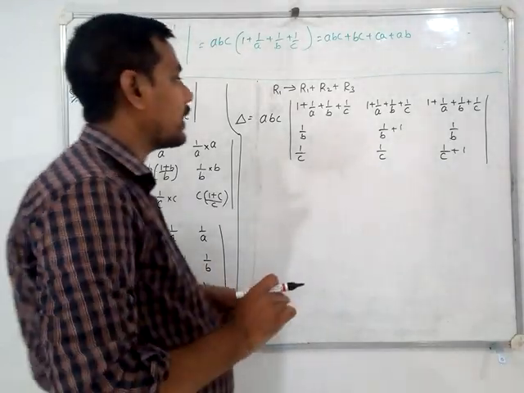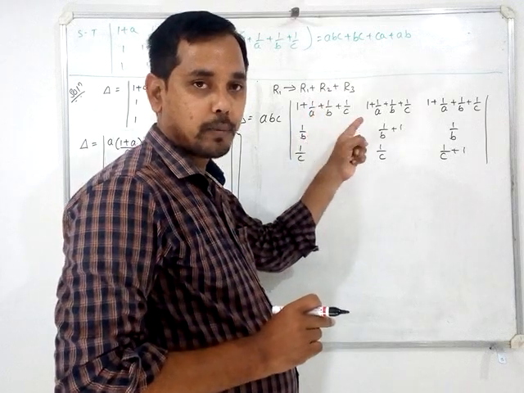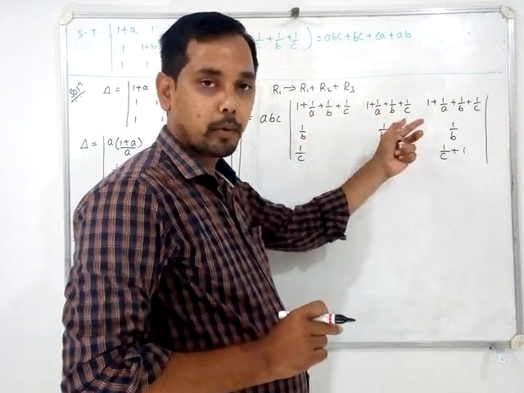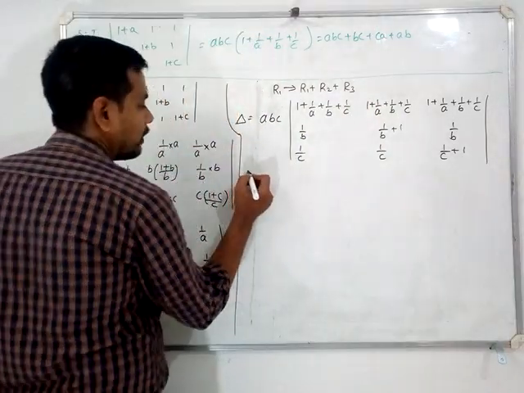Okay. So now see here also 1 plus 1 upon a plus 1 upon b plus 1 upon c, 1 upon a plus 1 upon b plus 1 upon c. All these are the same. I can take them out.